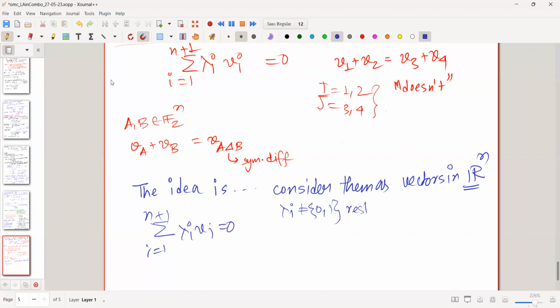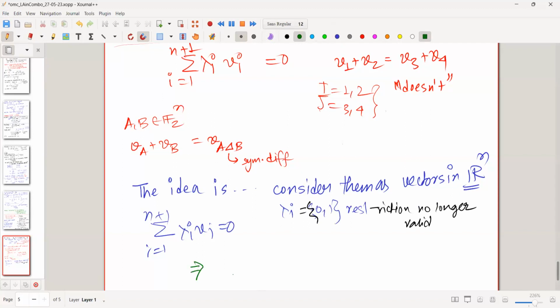This restriction is no longer valid. So how do you go about this now? This is very hard to motivate.